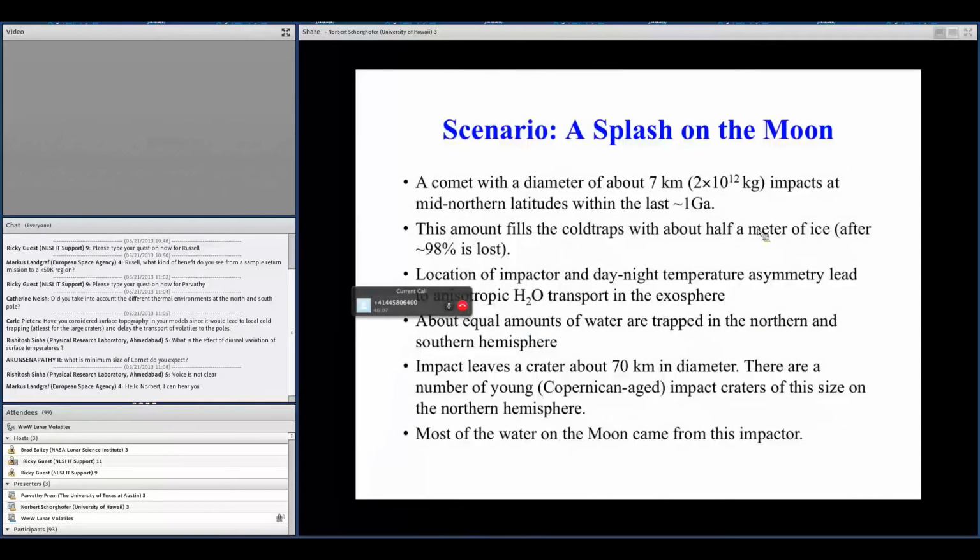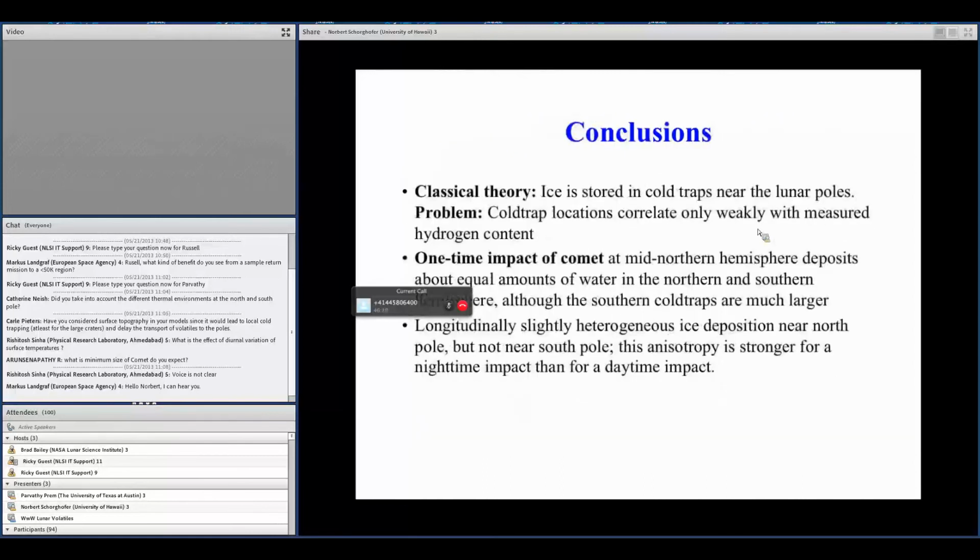The transport is very asymmetric on the dayside and nightside hemisphere, with the deposition less so, but at mid-latitude it ends up with about an equal amount of water in the north and south. The crater rim is about 70 kilometers wide, and that all has to happen in the last billion years because the cold traps aren't older than that. So various impact areas over time. So it's a consistent scenario.